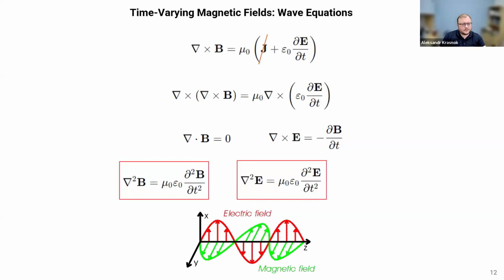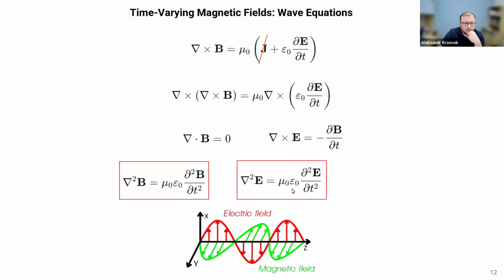What it means is that even in an area without currents or charges, the electric field and magnetic field can propagate in the form of a wave.